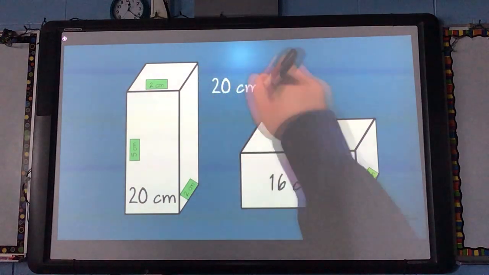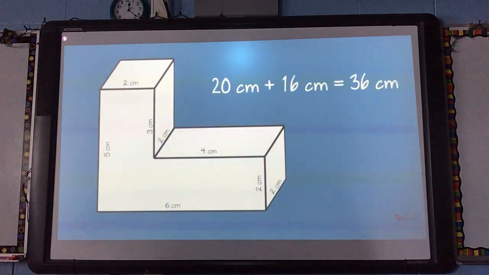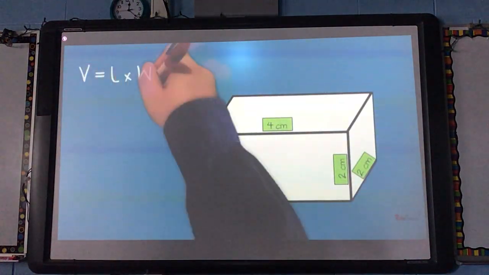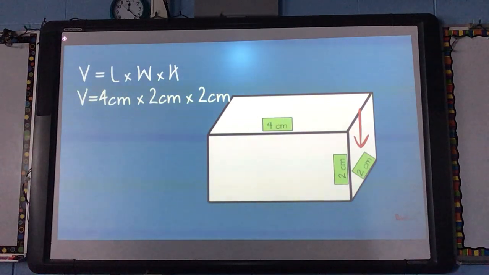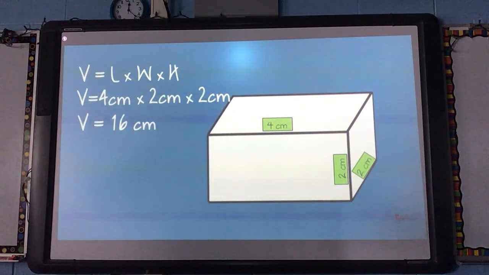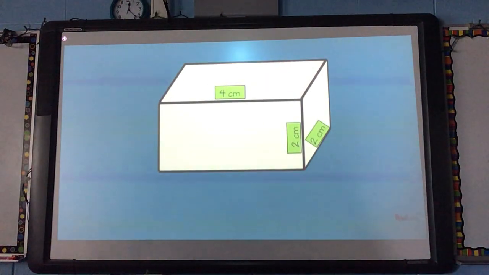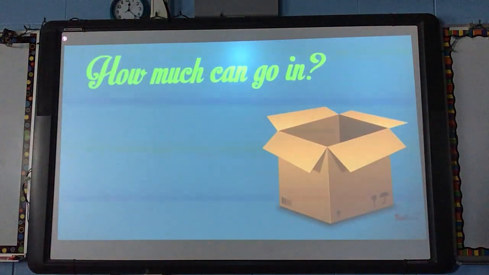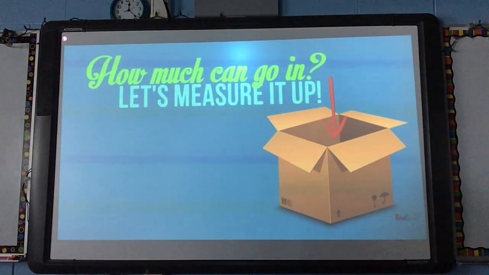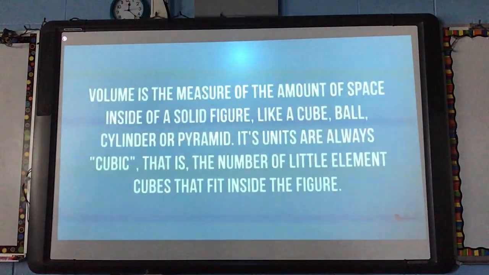And then together, just remember, don't you forget the 3. How much will go in?